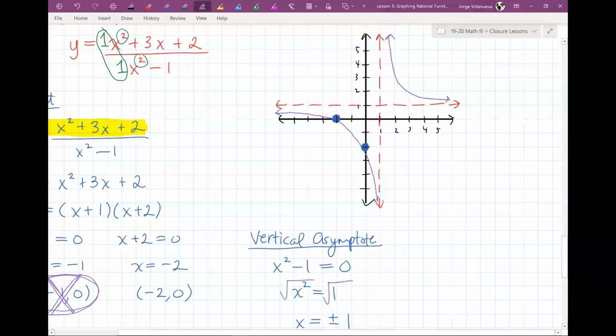But here's the deal. At -1, we were supposed to have a line going down this way. So at -1, we were supposed to have a line going there, but it disappeared because we crossed it out. So this is how we take care of it. We put an empty circle where that asymptote was erased.